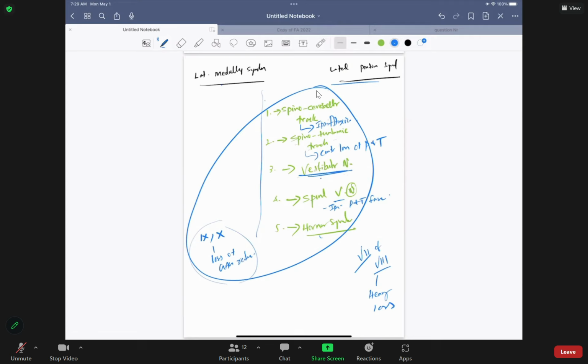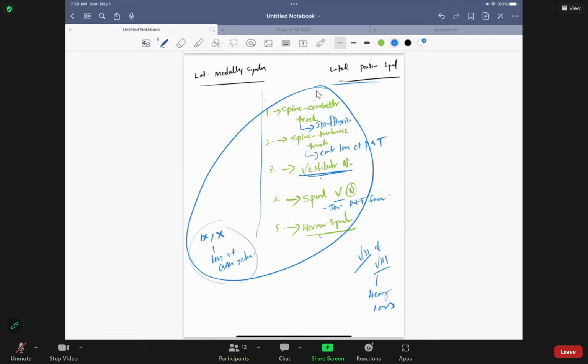Sensation of the anterior 2/3 of the tongue. Yes, taste and sensation of the anterior 2/3. Who takes the posterior 1/3? Wayne, why are you giving me that face? I thought the tongue sensation was trigeminal. No, taste was not. Anterior 2/3 is facial, posterior 1/3 is glossopharyngeal.